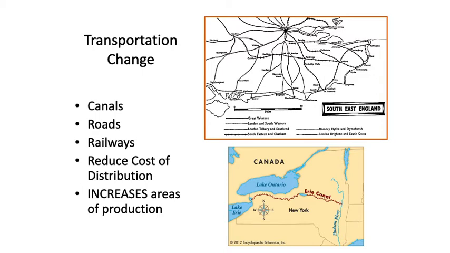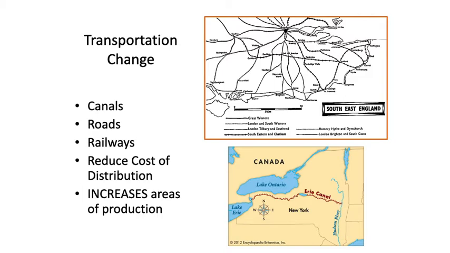So if you look at the picture on the right of the Erie Canal, if you look, let's say, on top of the N for north on the compass in New York, between there and Lake Ontario, we can see the Erie Canal approaching. An area along the Erie Canal prior to the canal being there could not produce goods and participate in the market or capitalist system.